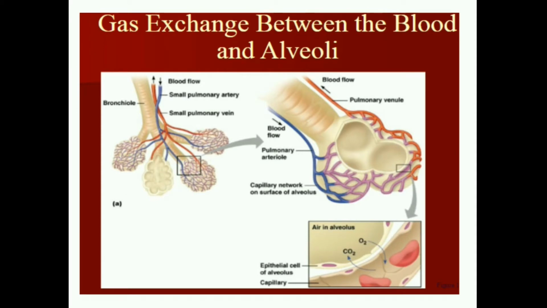There will be loading of oxygen as well as unloading of carbon dioxide at the alveoli level. Whereas in the case of tissues, there will be exactly the opposite condition, where oxygen will be unloaded and delivered to the cells and tissues for further cellular respiration.